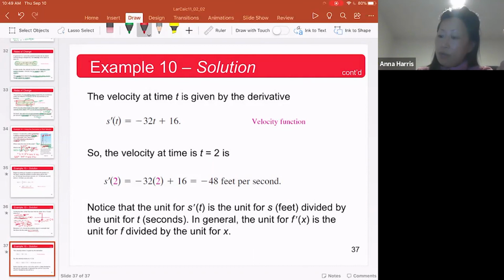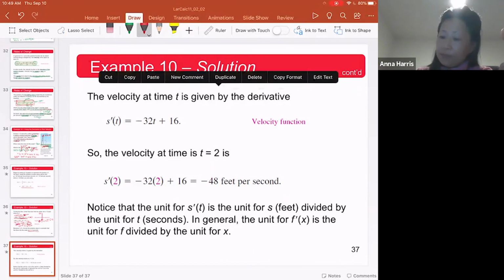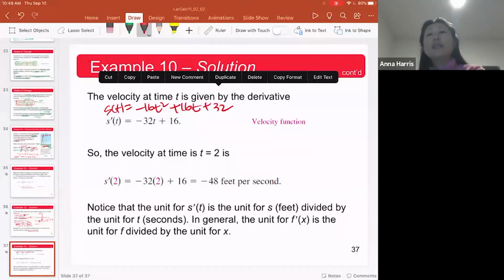Because remember, you have S. That's your position function, right? So I'm going to take a derivative of that. So the derivative will be what? S prime of t, or I can just write it as v of t, whichever, that's the same thing.